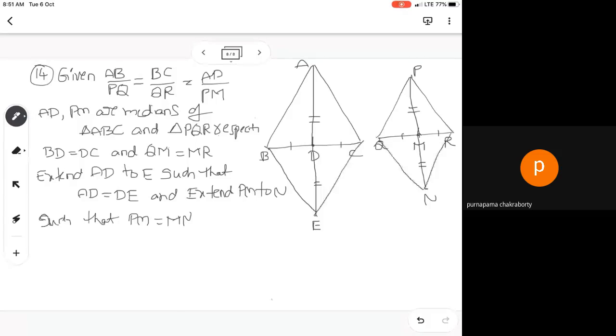So what do these quadrilaterals become now? ABEC is a parallelogram. Why? Because the diagonals bisect each other. Diagonals bisecting each other is nothing but a parallelogram. Here we have already proved BD is equal to DC, and AD is equal to DE.